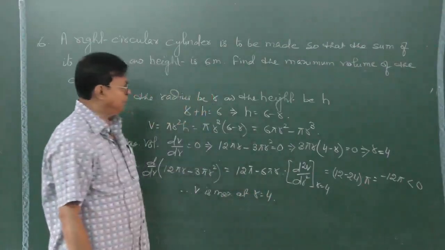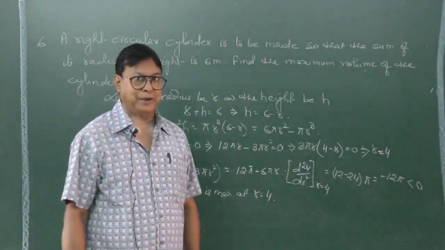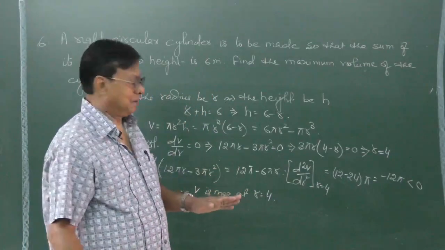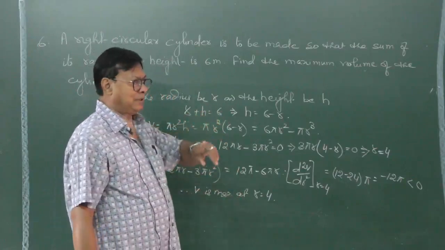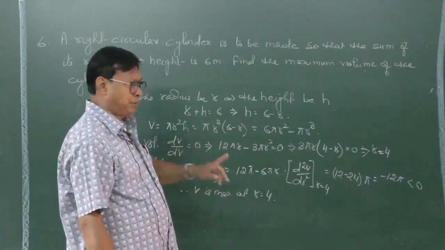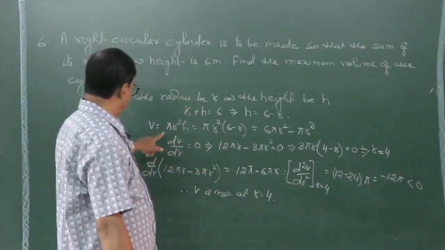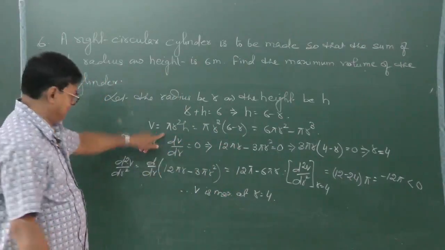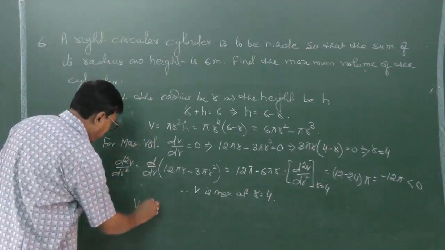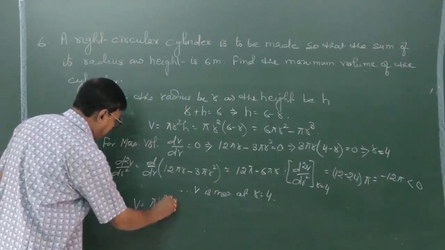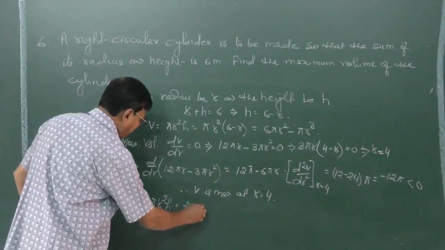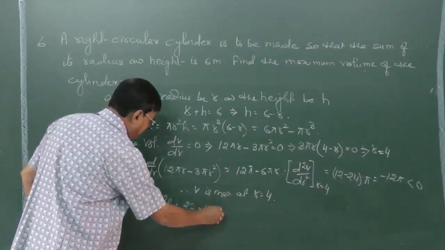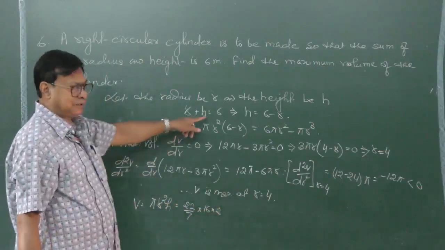In all these sums we are doing only up to this, but here it says find the maximum value. So we got r as 4. The maximum volume, I said in the beginning, to get the maximum or minimum value we put the value in the original function. So the volume is pi r square h, that is 22 by 7, r square is 16, h will be 2, since r plus h is 6.